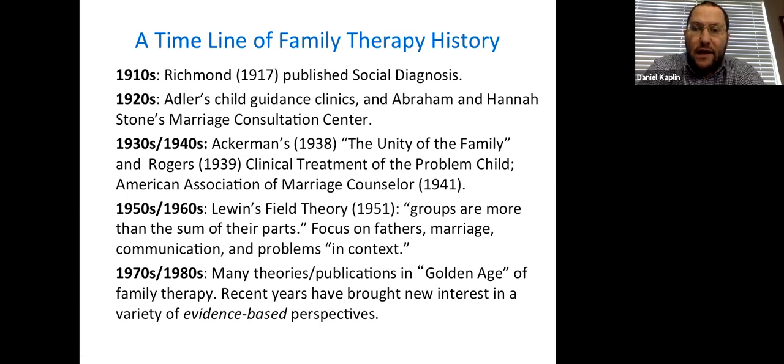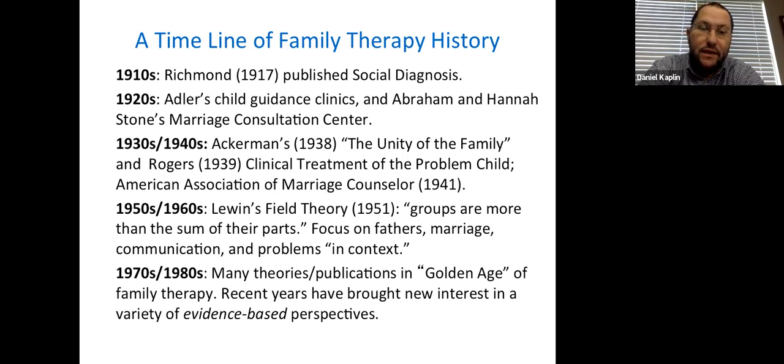Then we have Alfred Adler and Abraham and Hannah Stone, who had child and couples consultation centers. And then the Ackermans had the Ackerman Institute, and there's the famous The Unity of the Family, which is a great piece to read.